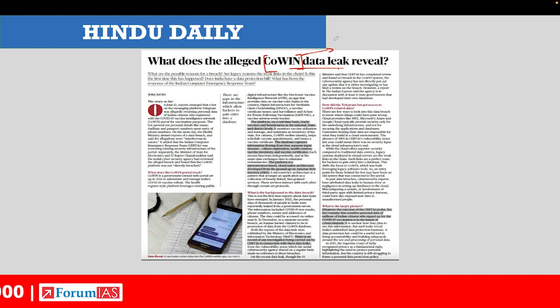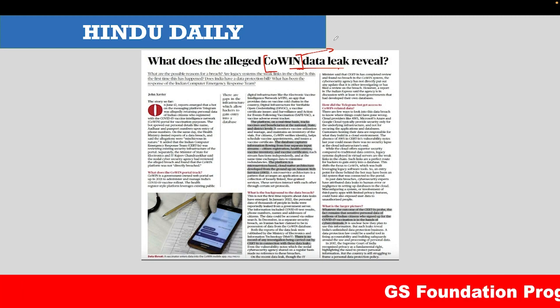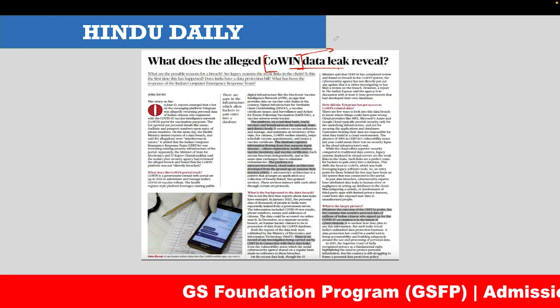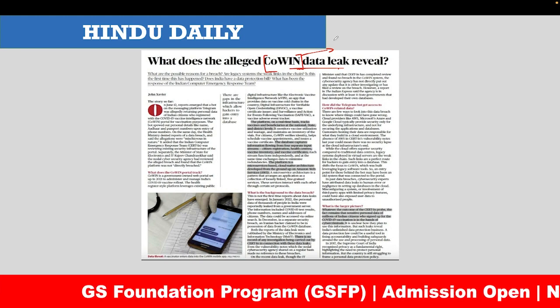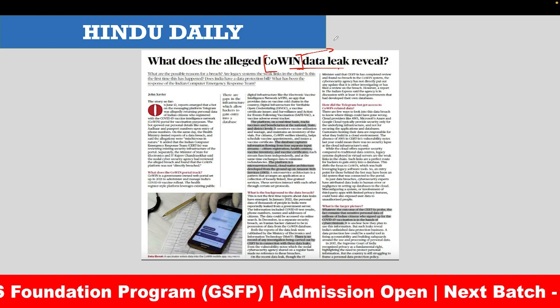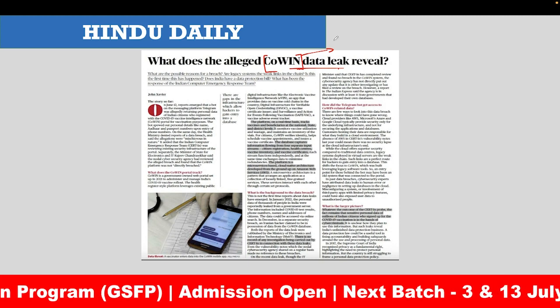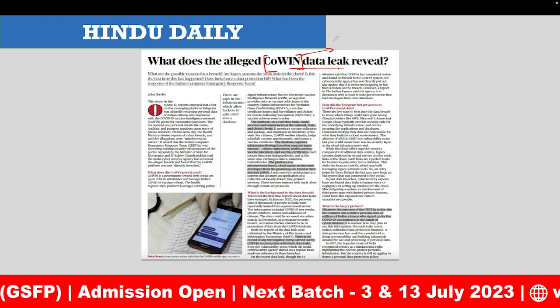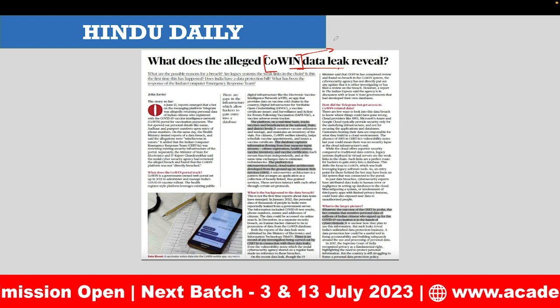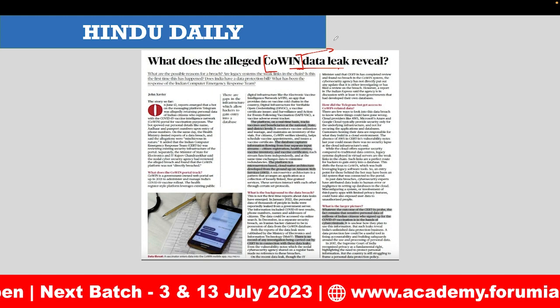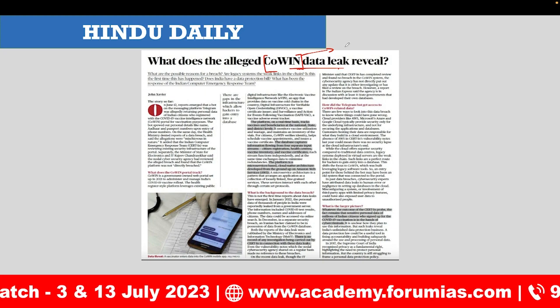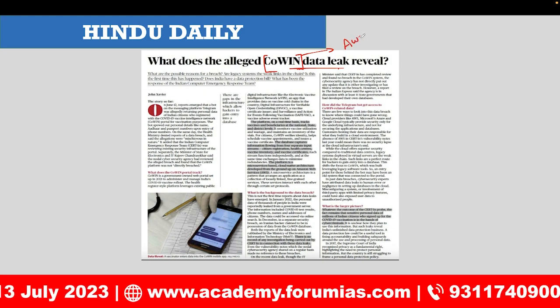Generally, data storage companies locate in the subpolar and polar regions, because data storage equipment requires low temperature to operate efficiently. That's why most companies operating data storage equipment locate in the subpolar and polar regions. Now with respect to the COVID application, the data storage support is provided by Amazon Web Services.